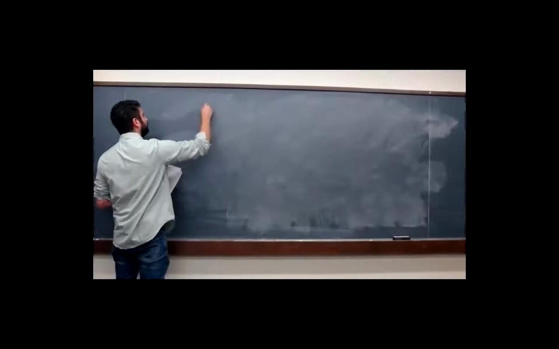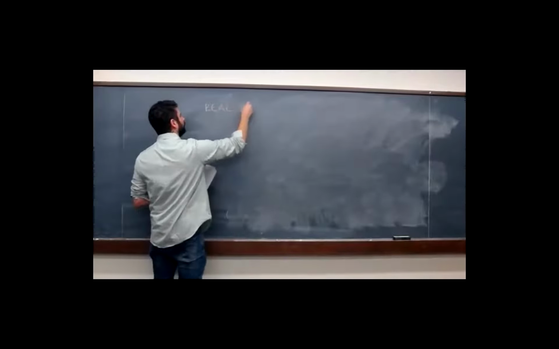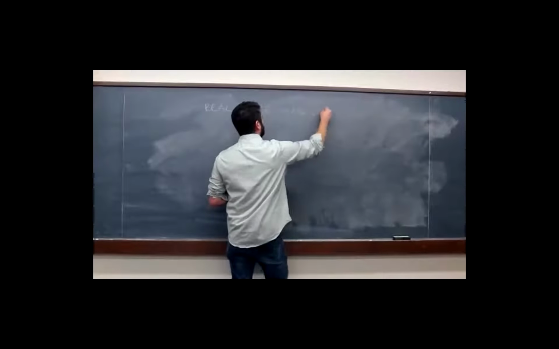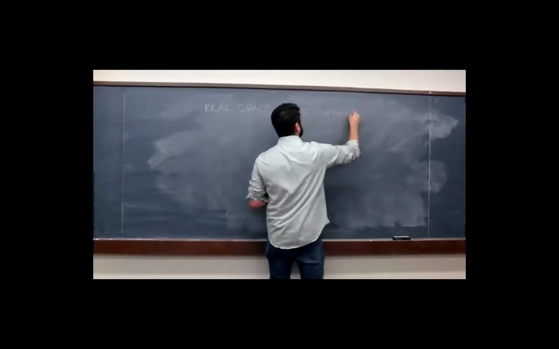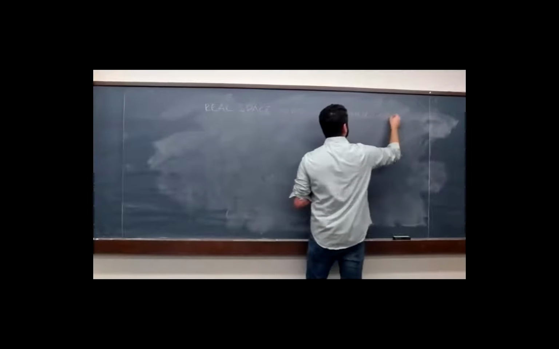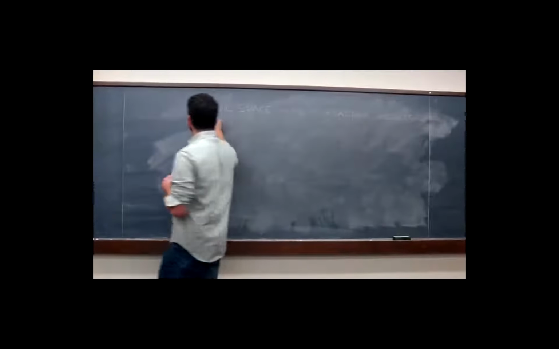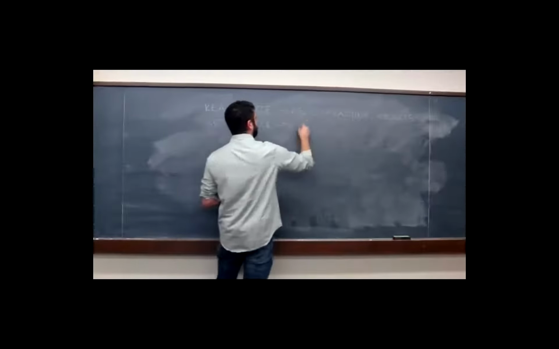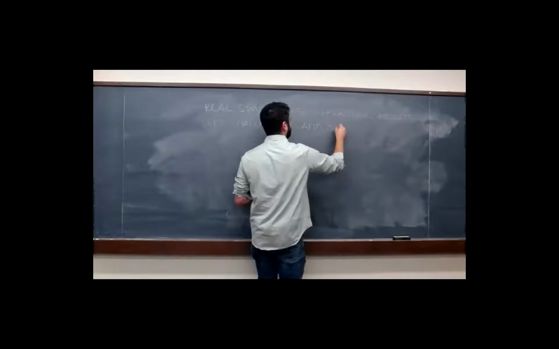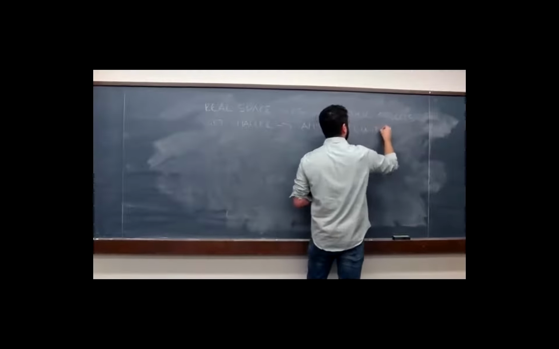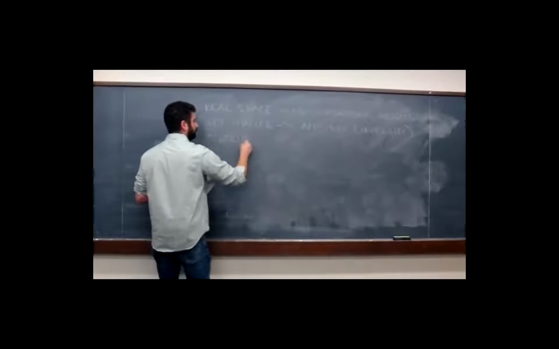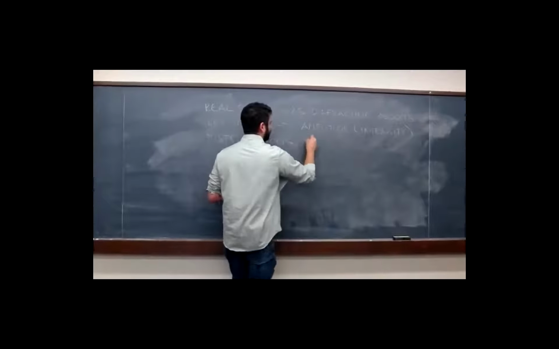So what's important to remember here is that in real space, as diffracting objects get smaller, the amplitude or intensity distributions in reciprocal space get bigger.